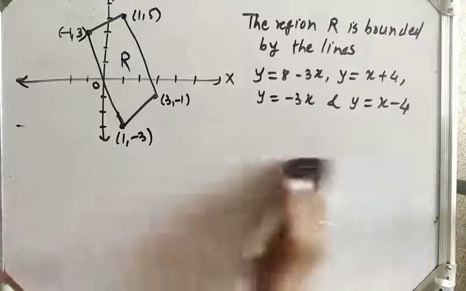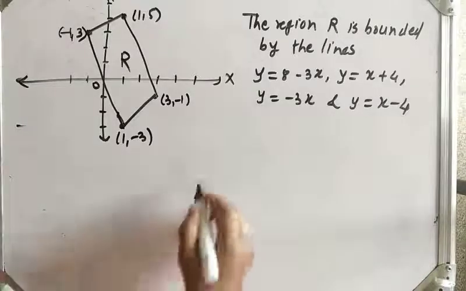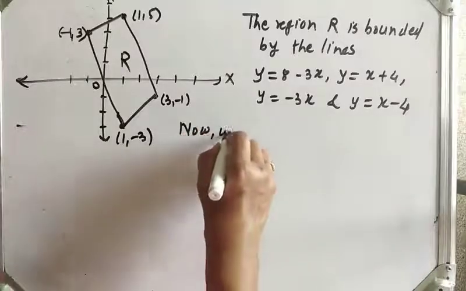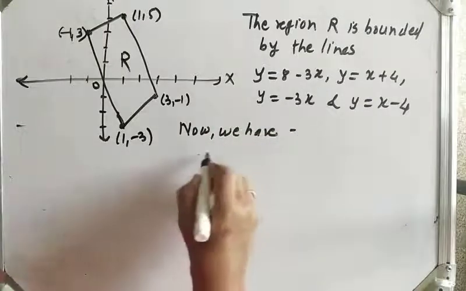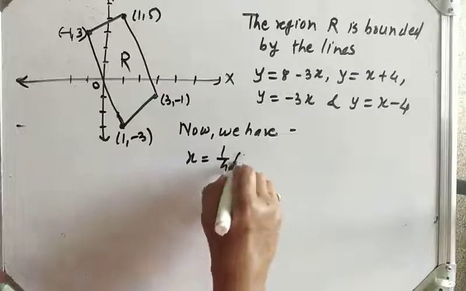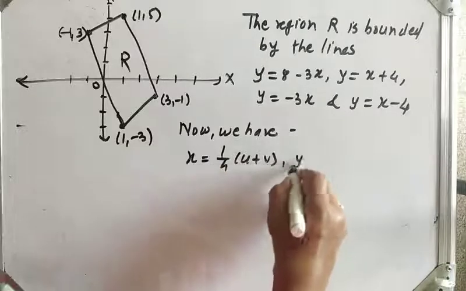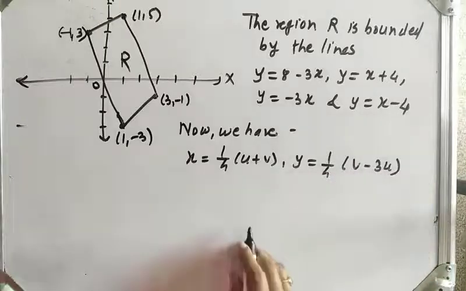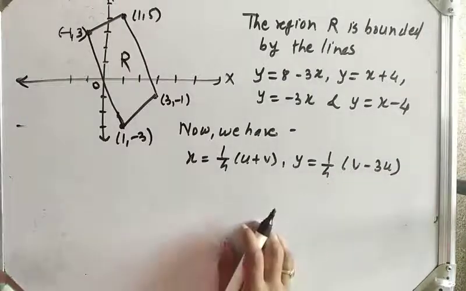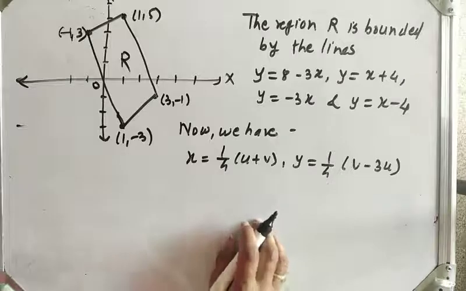Then again, what is given to us? We have the transformations x is equal to 1 upon 4 (u plus v), y is equal to 1 upon 4 (v minus 3u). Using that we will find the Jacobian.